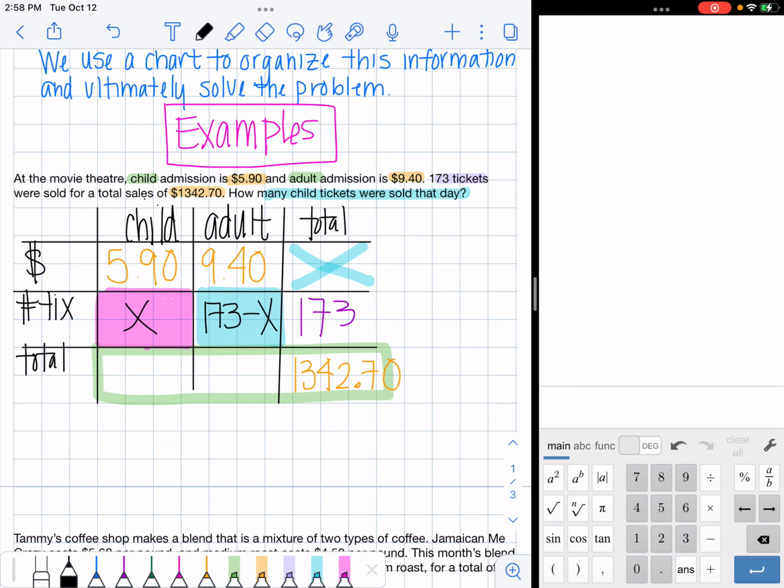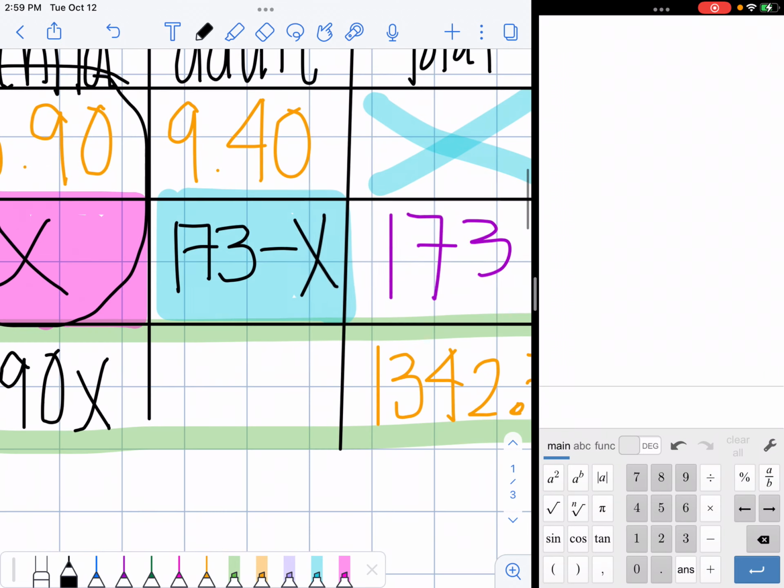To get what goes in the green boxes, the total, I take the amount of money times the number of tickets, which gives me my total price for children's tickets. So I multiply these: 5.90 times X. I have to zoom this in so I can fit it all in my box. For the adult box, I multiply how much my tickets cost times the number of tickets.